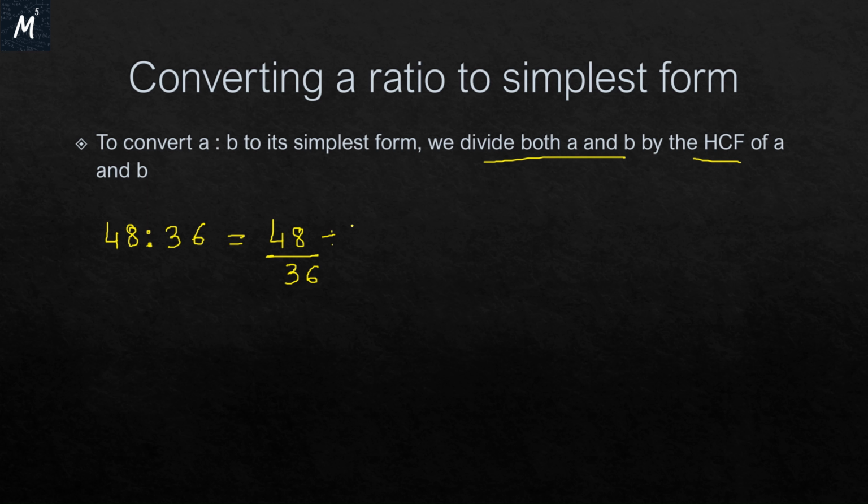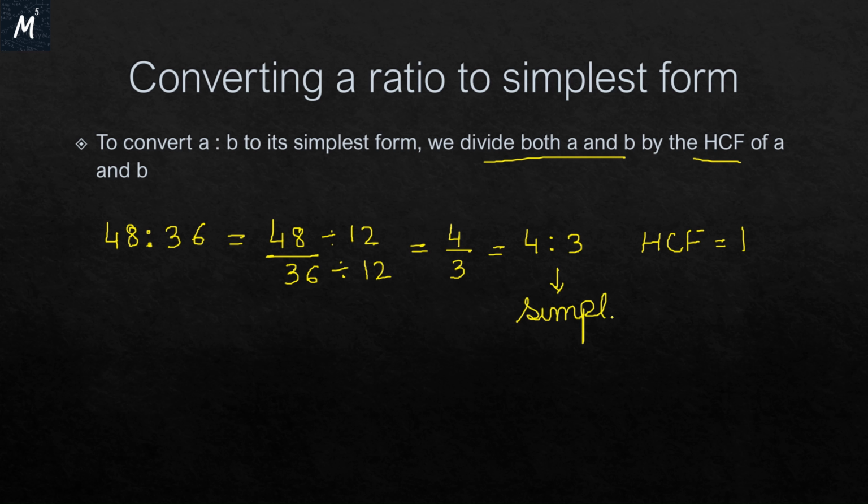So let's divide these numbers by 12. We get 4 upon 3, which is 4 is to 3. Now the new numbers which we have got, 4 and 3, their HCF is 1. That means this ratio is in its simplest form. This is how we convert any ratio to simplest form.